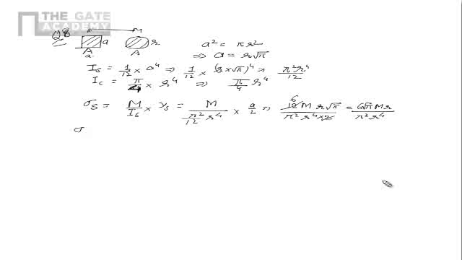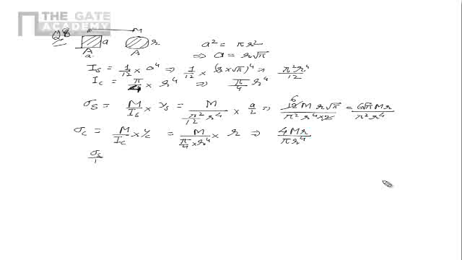square cross section. Similarly, the maximum stress in circular cross section is M upon Ic into yc. So this is nothing but M upon, we know what Ic is, it is pi by 4 into r to power 4 multiplied by r. Yc is nothing but r. Now if I invert this, it becomes 4Mr upon pi r to power 4. This is the value.